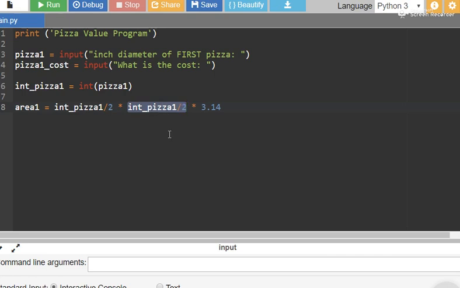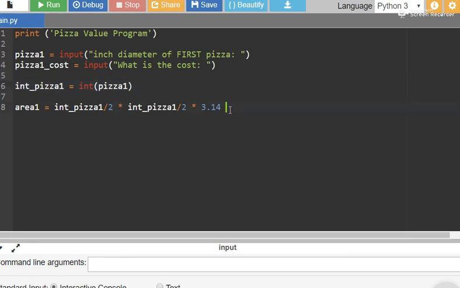That effectively gives us the radius times the radius, which is r squared, and then we multiply it by pi, and I'm using standard pi 3.14. That will give us our area. The input is in inches, so that will give us the number of square inches that our pizza is.